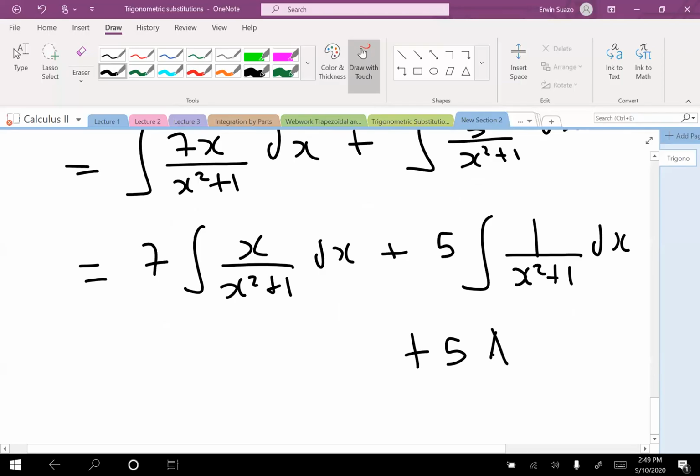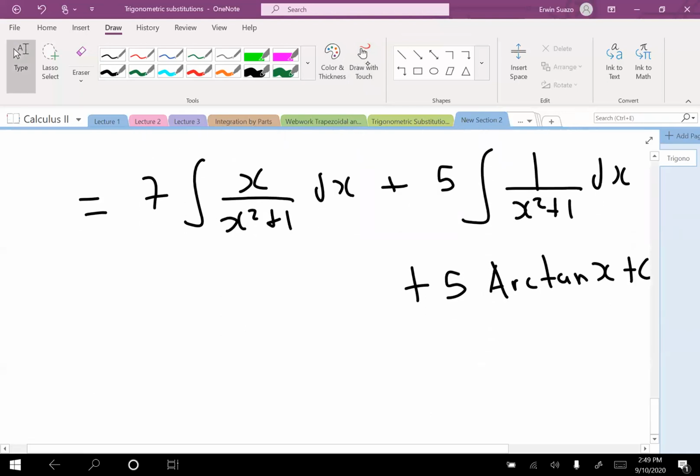Arctangent x, thank you. That's plus C, right? And what is the antiderivative of this one, x over x squared plus 1? So we can do what? Substitution. Normal substitution, from chapter 1.